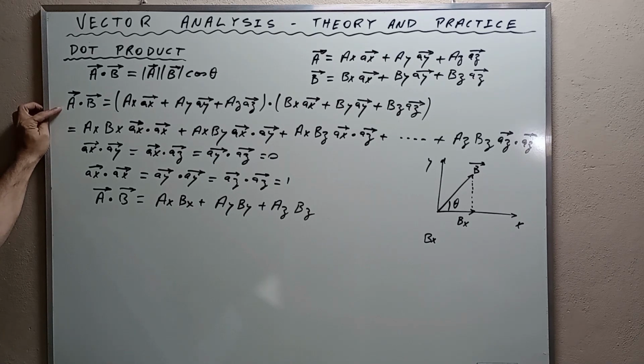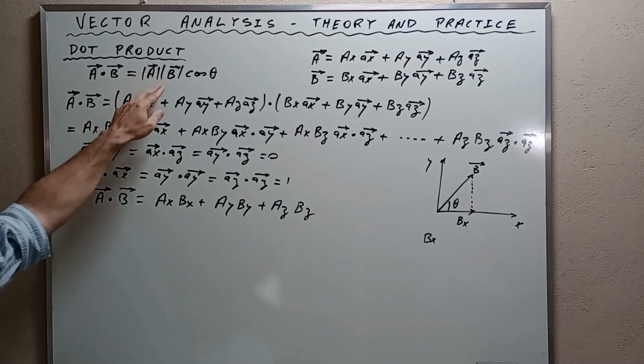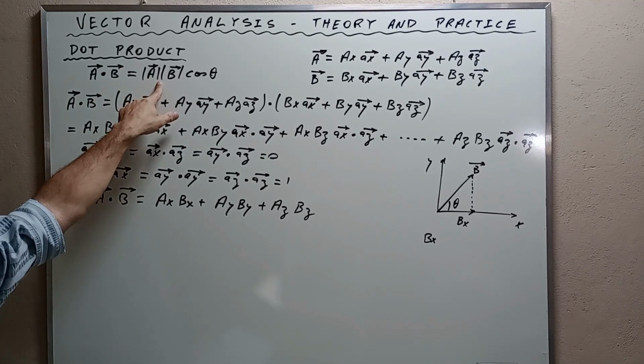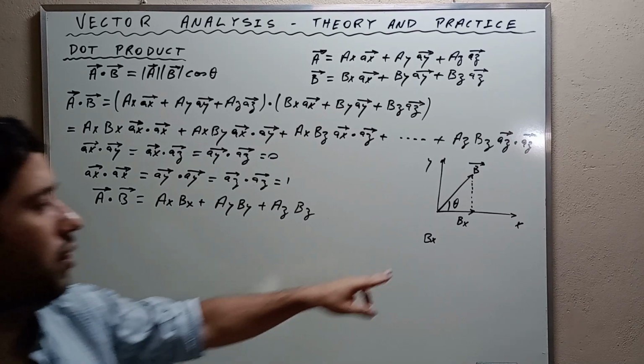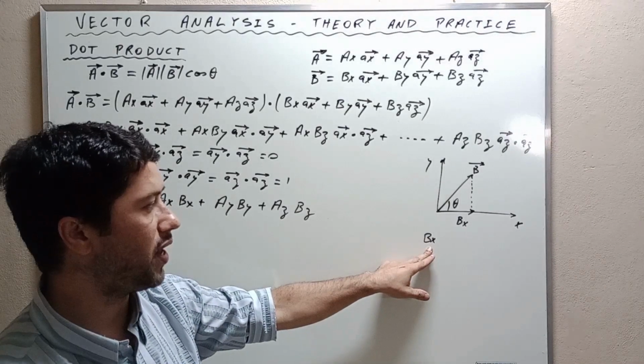And the cross product, we're going to see the cross product subsequently, and you're going to see that the result of the cross product is a vector. They are both multiplications of vectors. You see here the multiplication, but the result of the dot product is a scalar, and the result of the cross product is a vector. So this is a number, not a vector, okay?